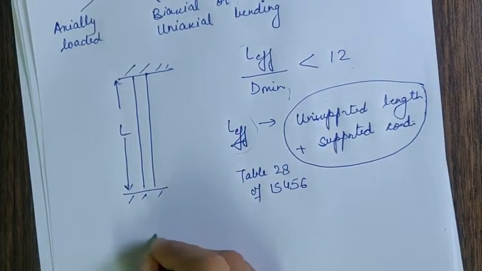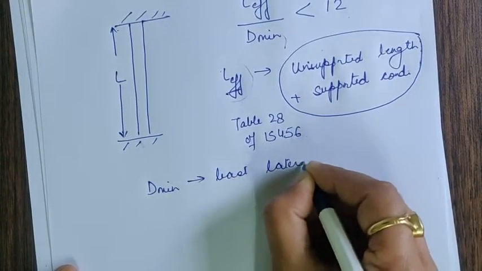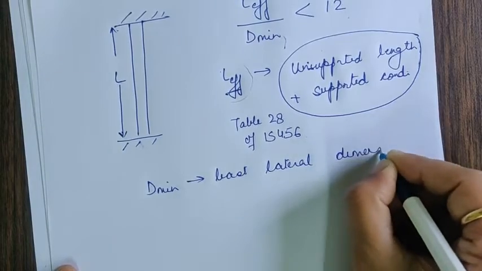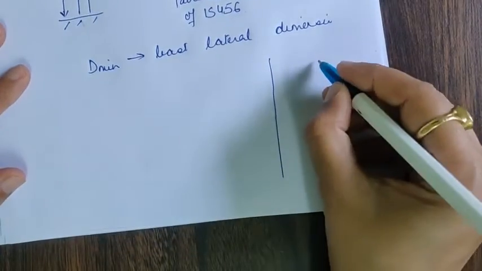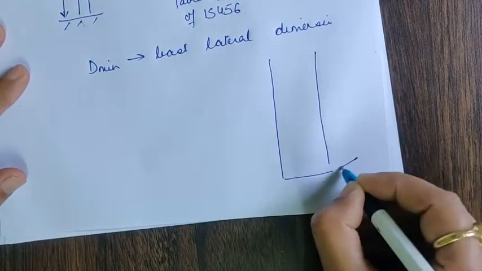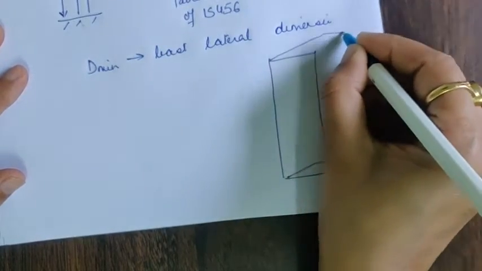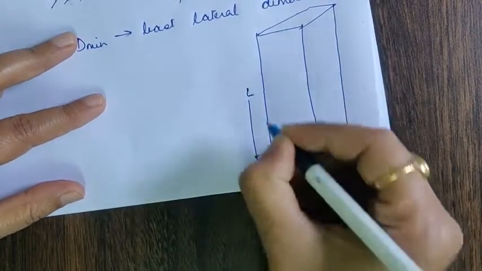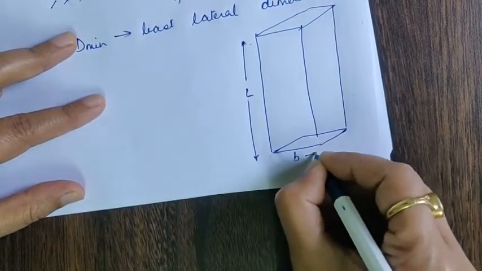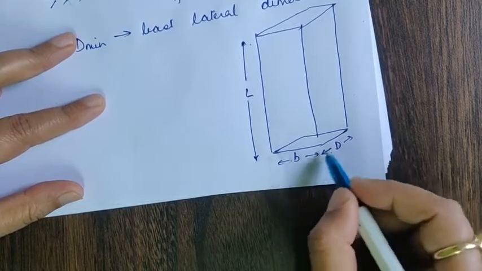Then what is D minimum? D minimum is the least lateral dimension. What I mean by this is that if, let us say, we have provided this column, this is the column, this is the length of the column, this is the width of the column, this is the depth of the column, then D minimum will be the minimum of these two values.